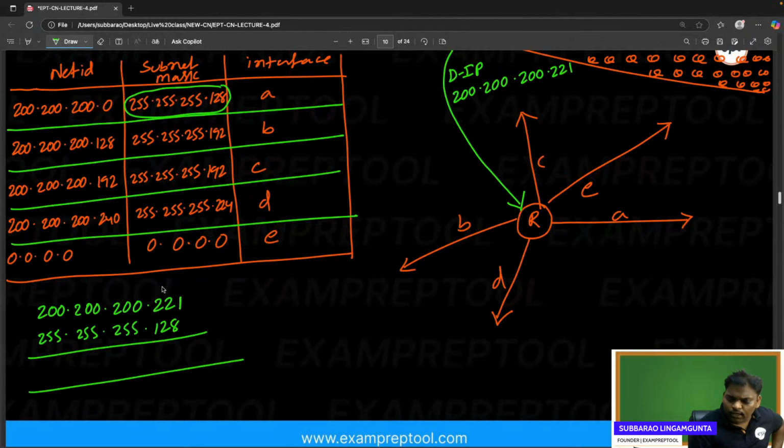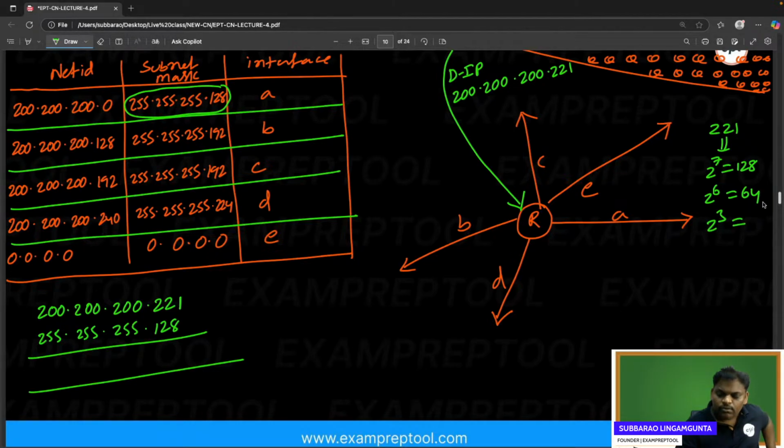Let me write 221. 2 power 7 is 128, so the remaining is 93. Sorry, I want 221. 128 plus 64 is 192, but I want 221. 128 is the highest part here.